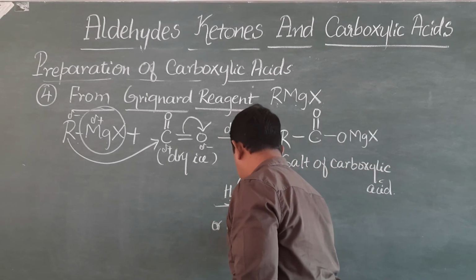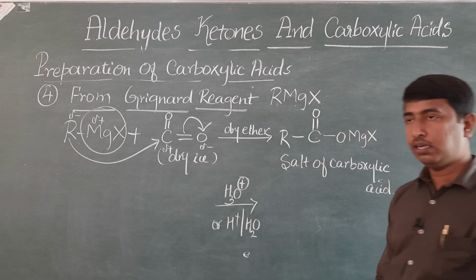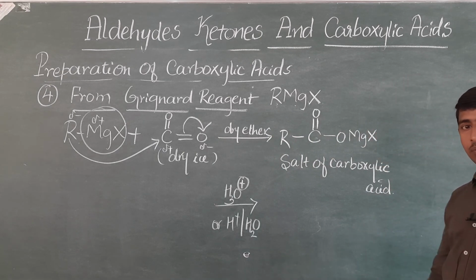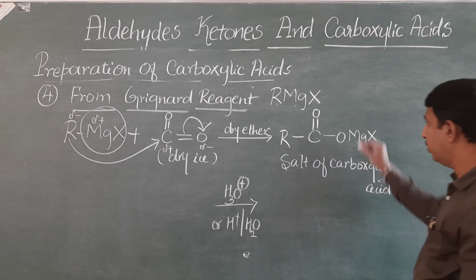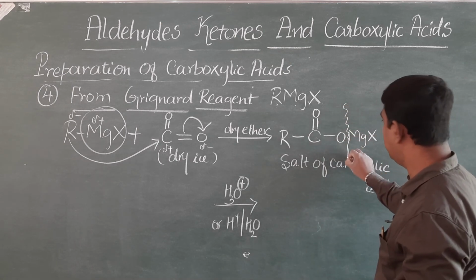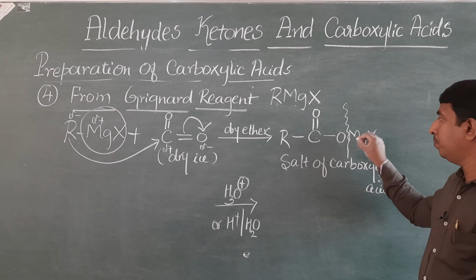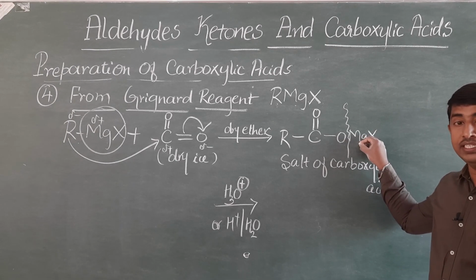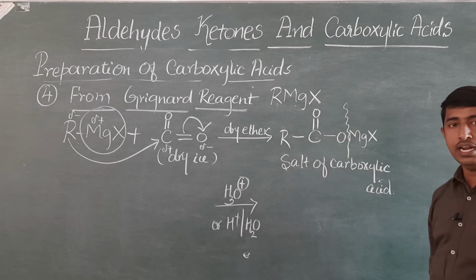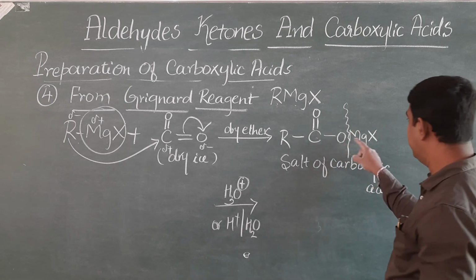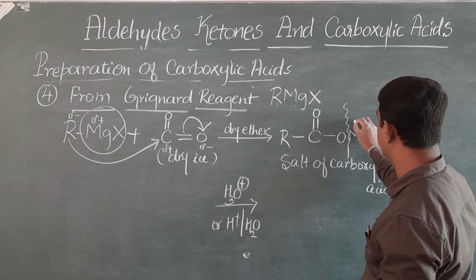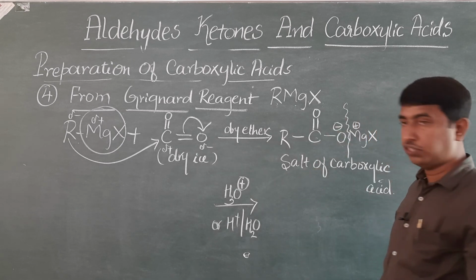Now this carboxylic salt, next it is subjected to acid hydrolysis, or I can write H plus by H2O. So hydrolysis, we know, we have to break this compound by adding water. So here bond cleavage will take place, because the bond present between oxygen and magnesium is weaker. It is a polar bond. This bond readily undergoes cleavage. Now between these two, magnesium is positively charged, correct, oxygen is negatively charged.